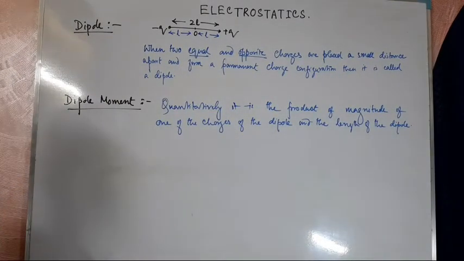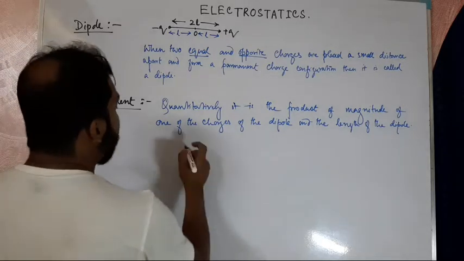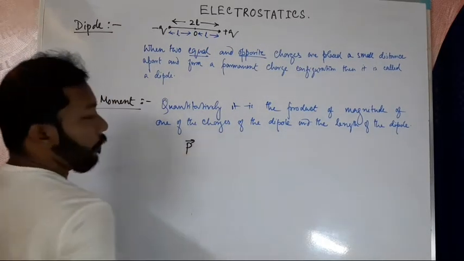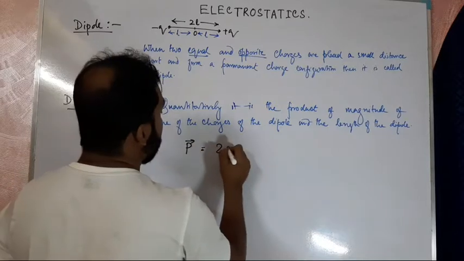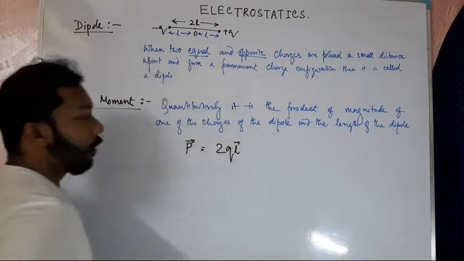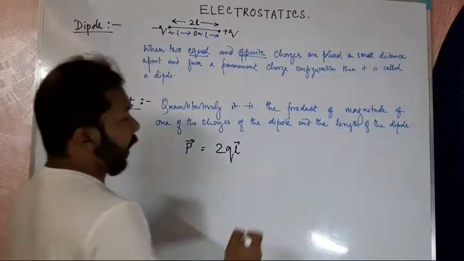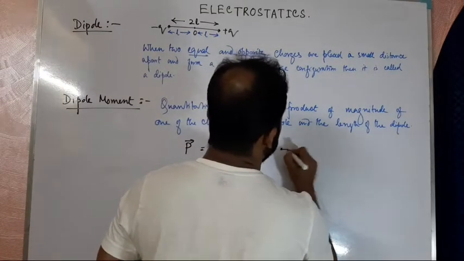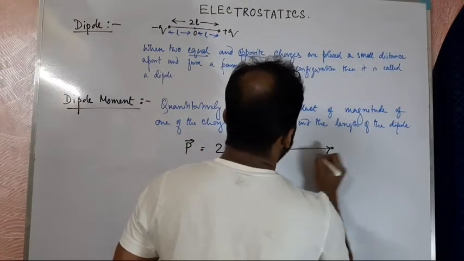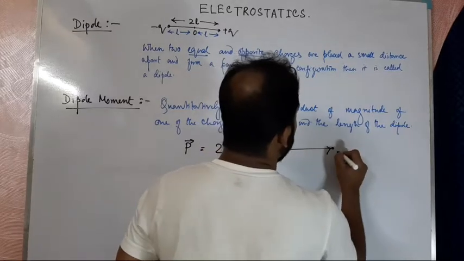It's a vector, denoted by P. P is written as 2ql, where the direction of the dipole moment is from negative to positive.